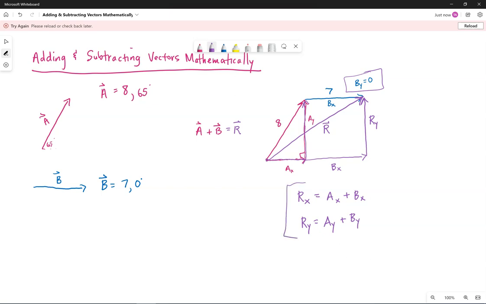This setup in finding the components of our vector answer is applicable regardless of how many vectors we're adding together.